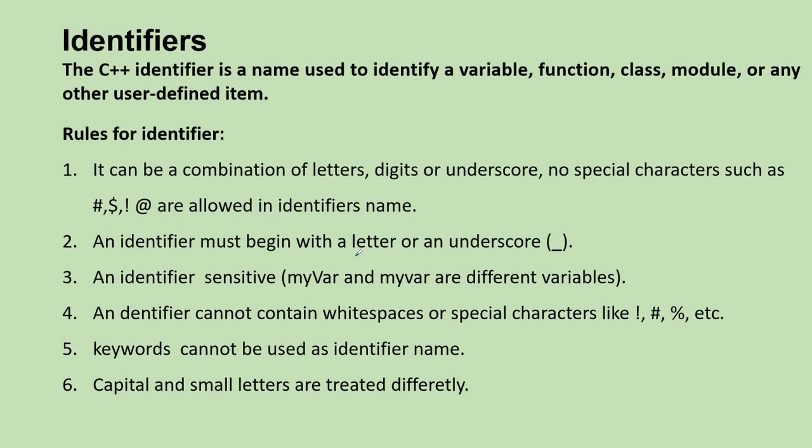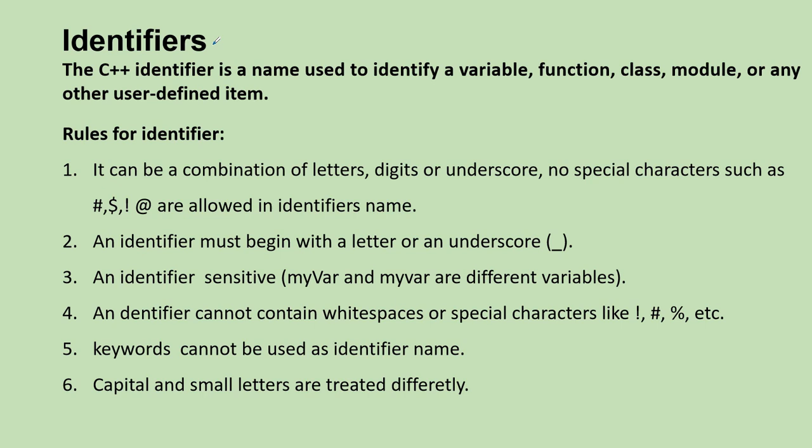Next one, identifier. In C++, there are variables, functions, classes, modules, or any other user defined data type. Now we have to name these things, and to name them we have to follow certain rules. For example, if we use a variable in a program, we have to name that variable.